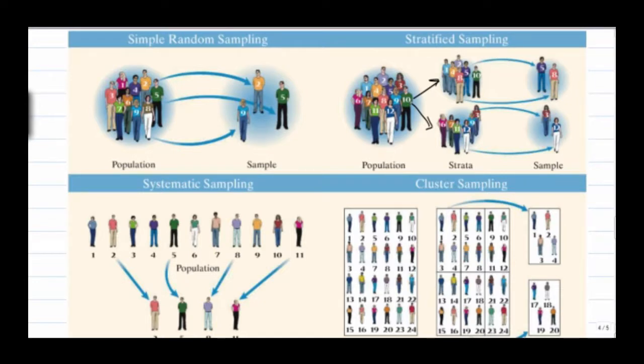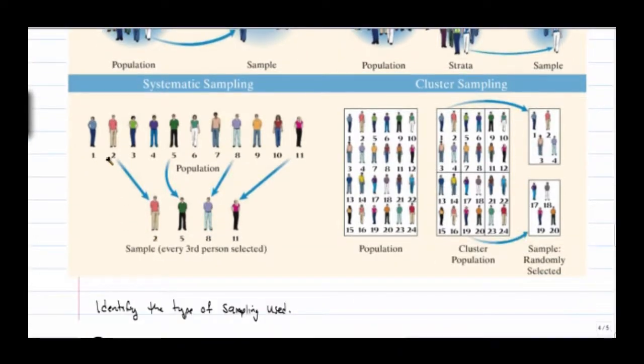In systematic sampling, the population was numbered off. You selected a number to begin with, and then in this situation you selected 1, 2, 3, 1, 2, 3, 1, 2, 3. So every third person was selected.